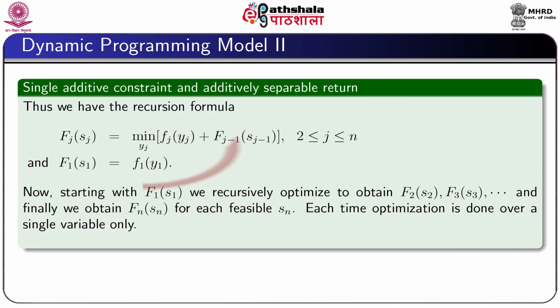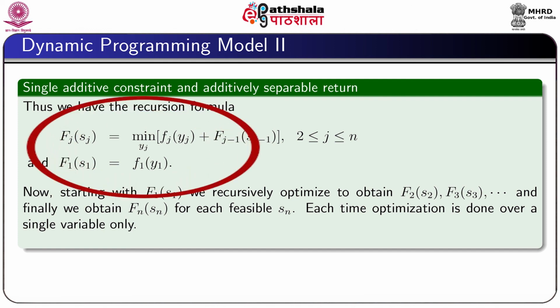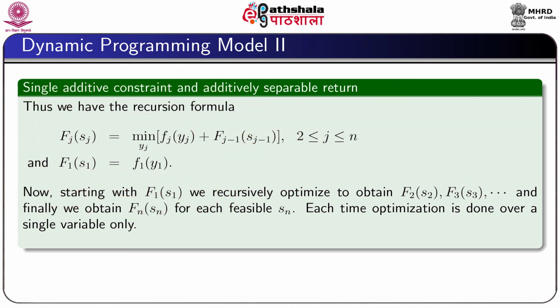So Fj(Sj) equal to minimum of fj(yj) plus Fj minus 1(Sj minus 1), where j takes values between 2 and n both inclusive, and also F1(S1) is equal to f1(y1).